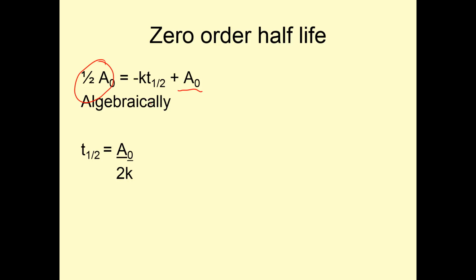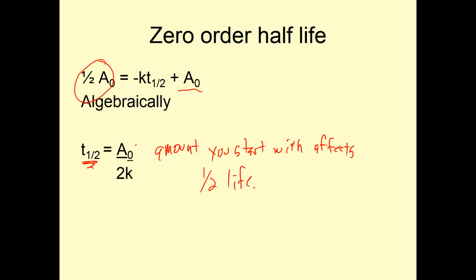So if you rearrange these things, half of A naught, if I take A naught and move it over to the other side, I have the half-life, T1 half, equals A naught over 2K. Notice the amount you start with matters. Which is different than what we've done before.